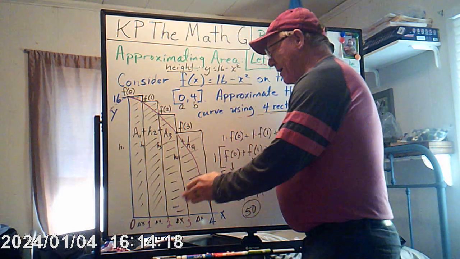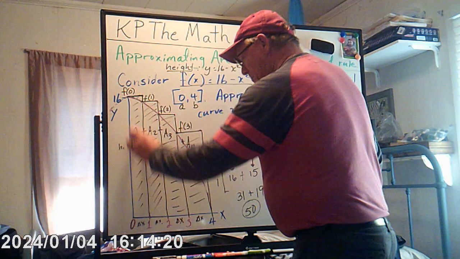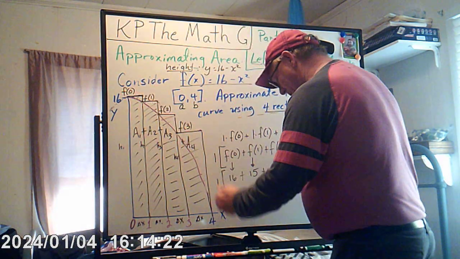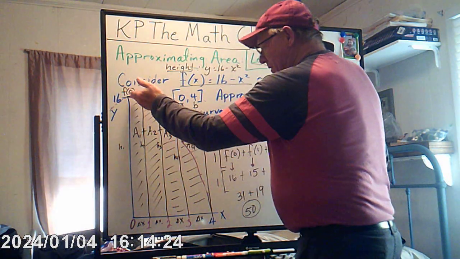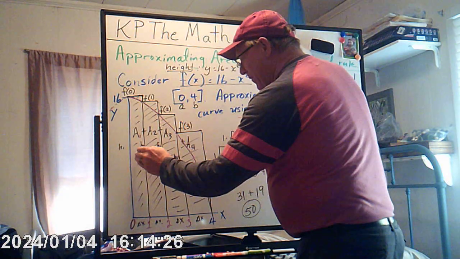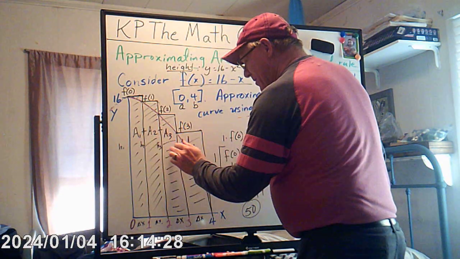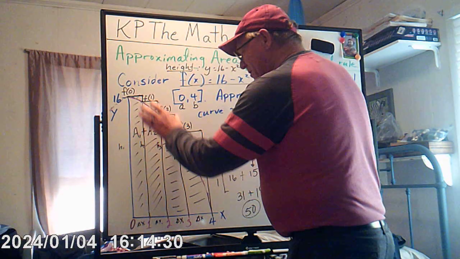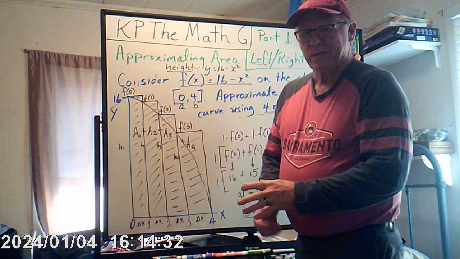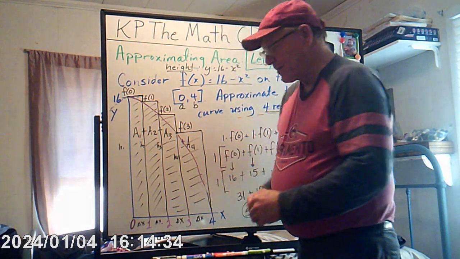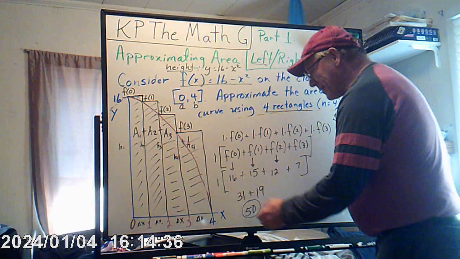When we approximate what's underneath this curve, you found that area 1 plus area 2 plus area 3 plus area 4, the sum of these rectangles, the sum of these areas equals 50.